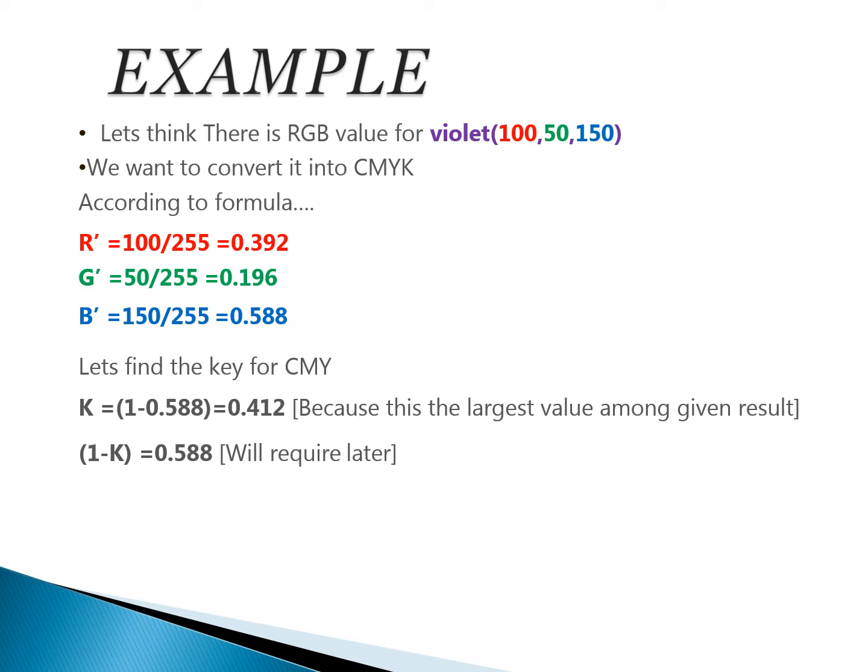Once I have this K, I can combine it to get the CMY colors. The C depends on K and the red, the M, that is magenta, depends on K and the green, and the Y depends on K and the blue color. So using the previous formula, I can get the conversion from the RGB color model to the CMYK color model.